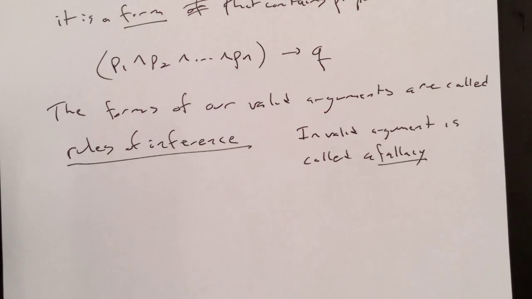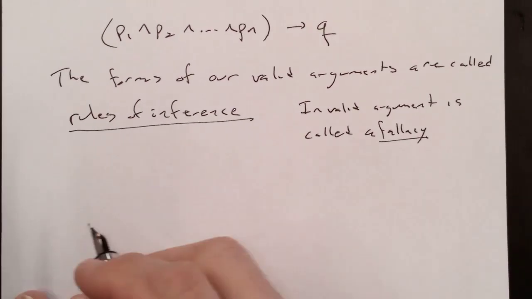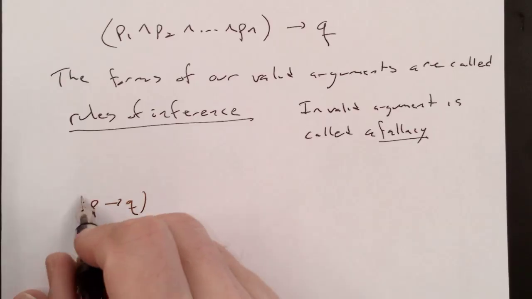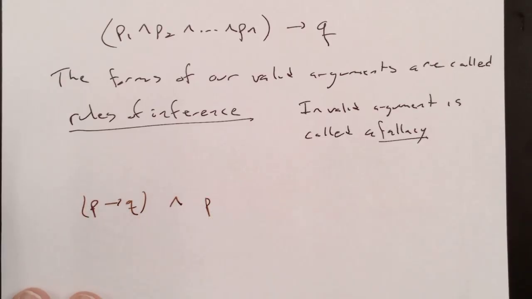Suppose I am given the following two statements. P implies Q and P. If it snows on Friday, the Middle States math competition will get canceled. It snows Friday.